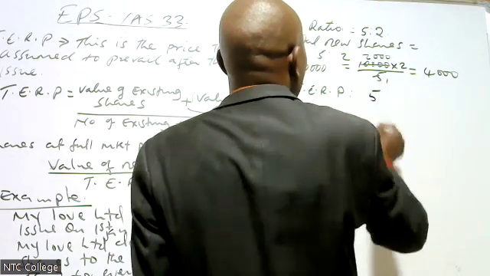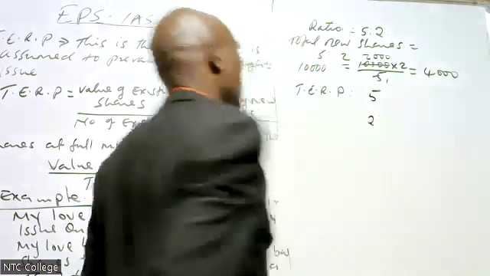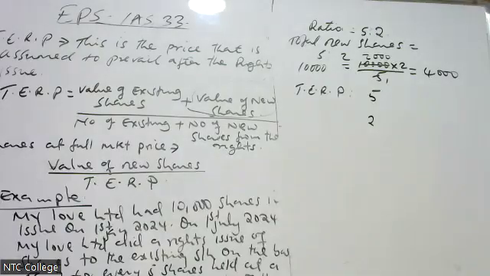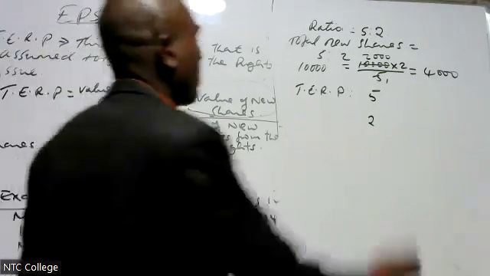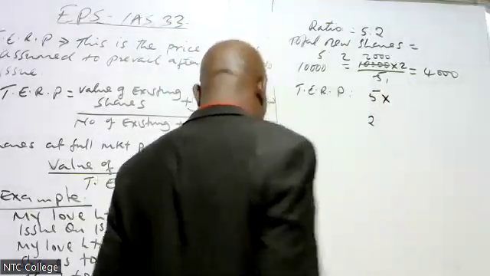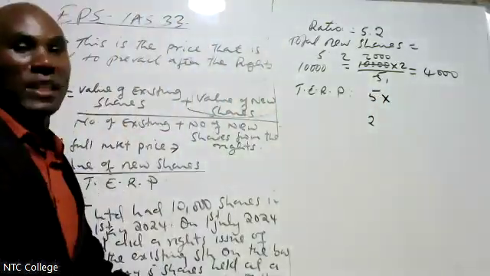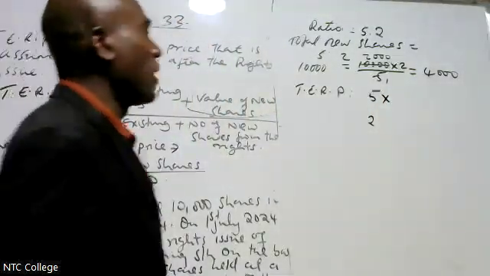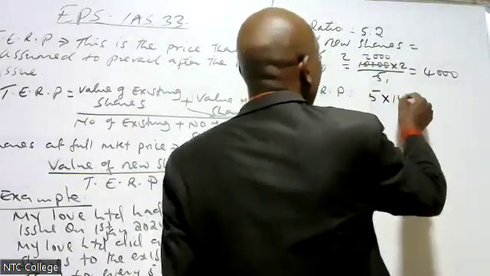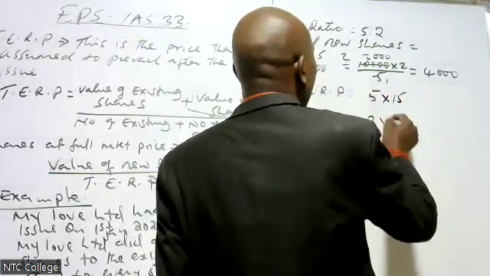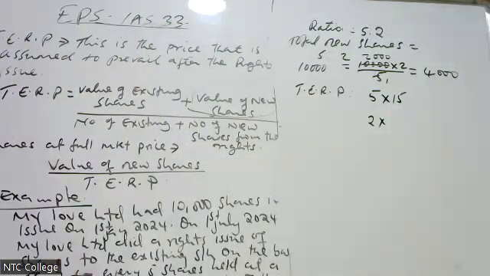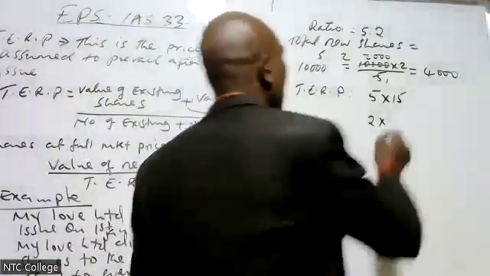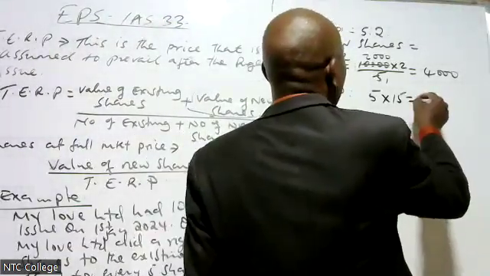For every 5 shares, you get 2. The price of 5 shares before the rights was 15, therefore I put 15 there. And the new shares are coming at shillings 10, therefore 2, I multiply by 10 to get the value.